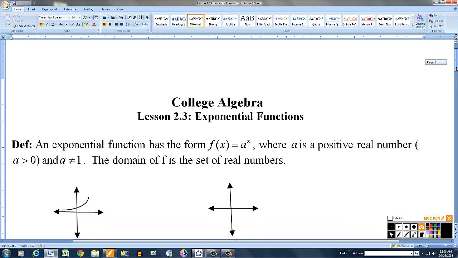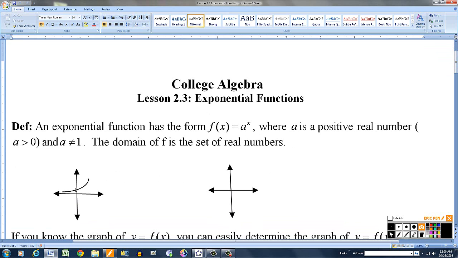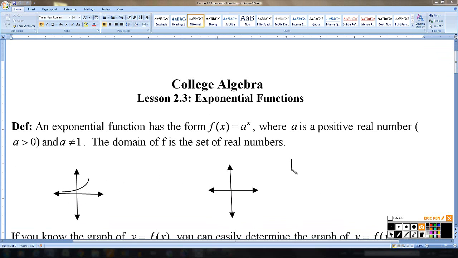Now the graph of the exponential function will look like the one I have here on the left. So typically it'll have a domain, which will be all real numbers, so from negative infinity to plus infinity.